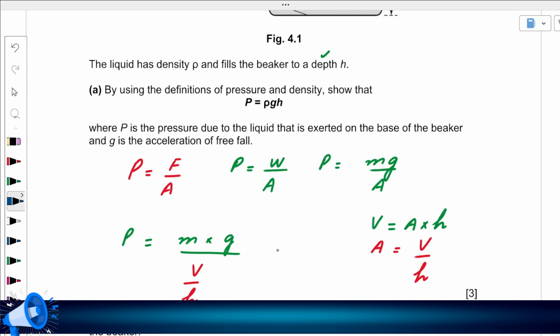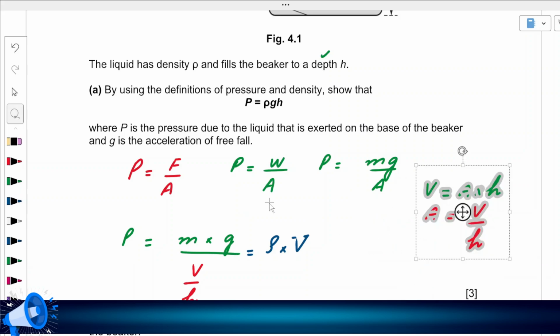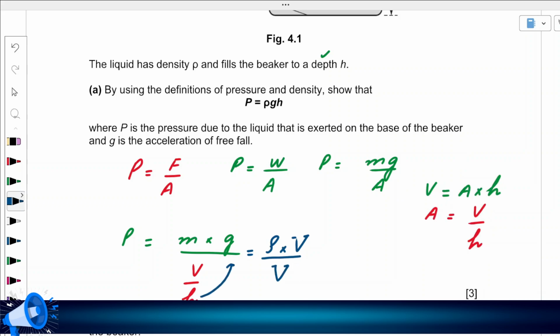Now you know how to deal with fraction over fraction. So M, instead of mass, I'll write density into volume, and then divided by volume, and this H would be shifted upstairs.